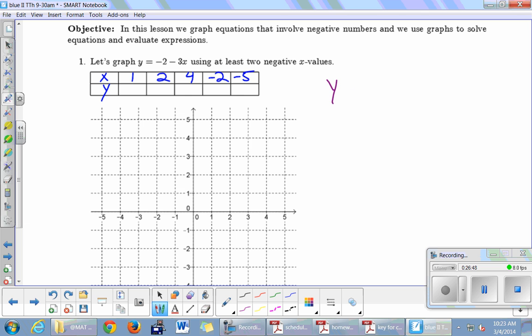Again, the formula we are using is y equals -2 minus 3x. We'll plug in x equals 1. So x equals 1 tells me that y is equal to -2 minus 3 times 1, right? X becomes 1.